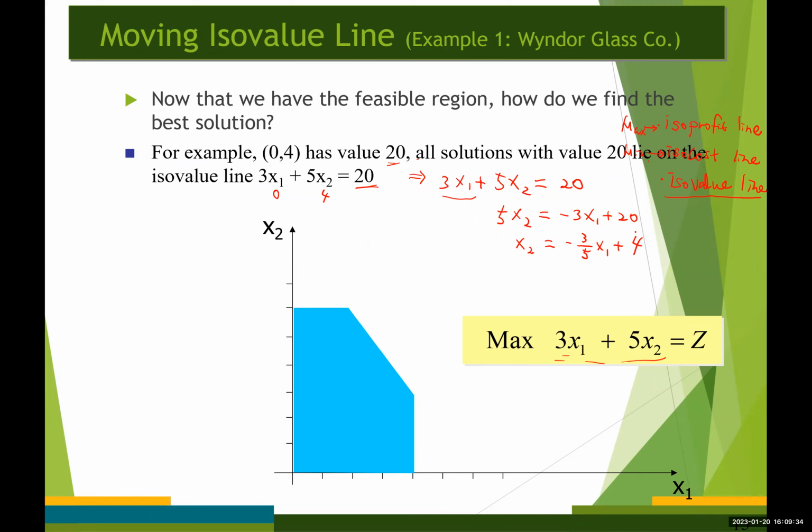So this is going to be our iso value line at the point (0, 4). This line has a slope of negative 3/5 and an x2 intercept of 4. It just looks like this.